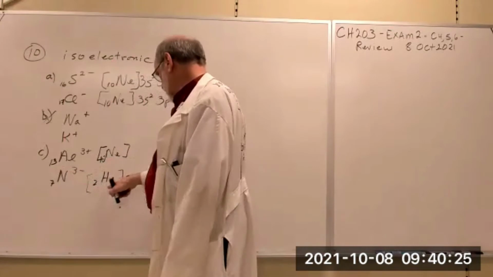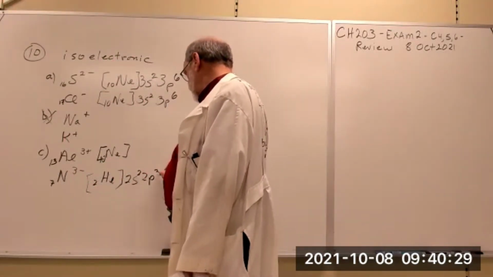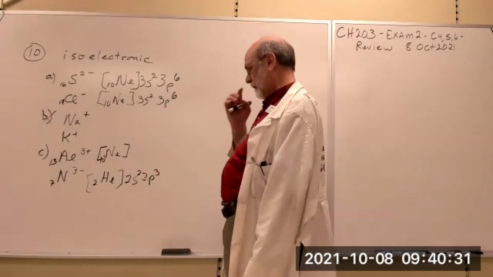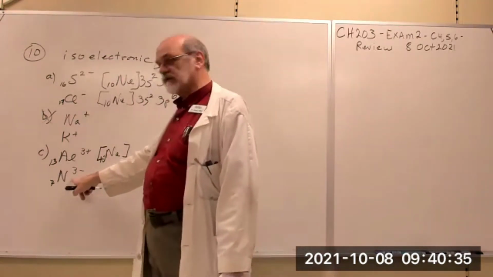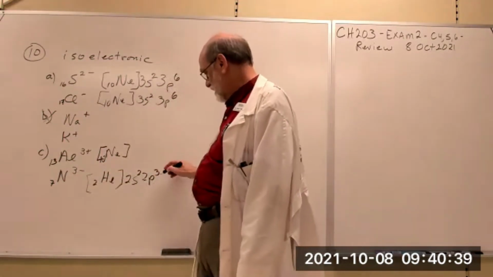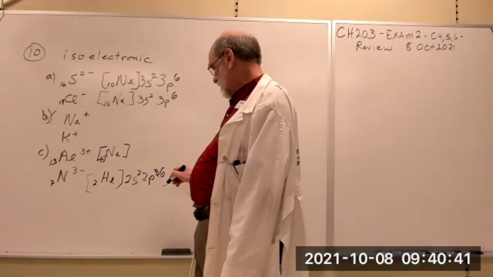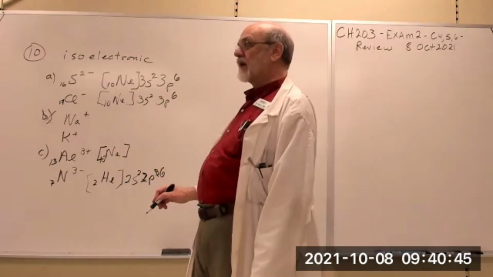That's 7: 1, 2, 3, 4, 5, 6, 7. But we've got 3 extra electrons, don't we? So we add those 3 out here. That gives us 6, a complete shell. So that looks like neon.